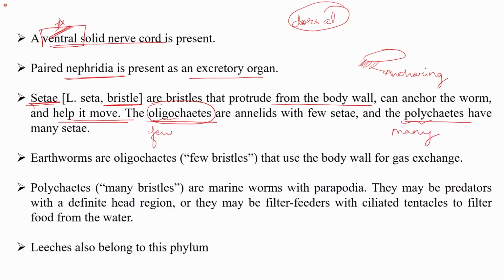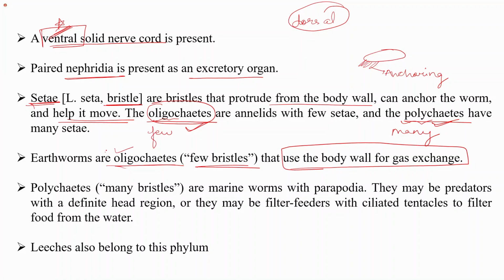So those annelids that have few setae belong to the category oligochaetes, while those that have many setae present over the body belong to the class polychaetes. The earthworm, which we are very familiar with, which almost all of us must have seen, belongs to the class oligochaetes, that have few bristles or few setae, and it uses the body wall for gas exchange.